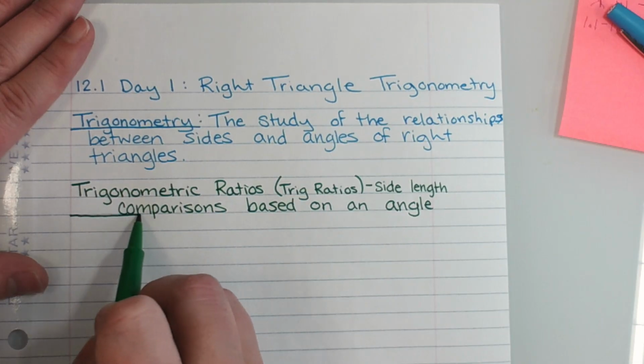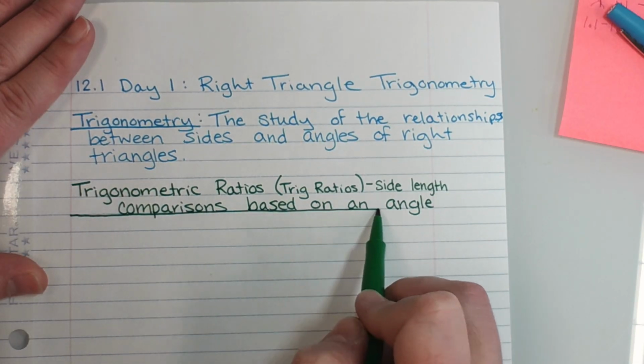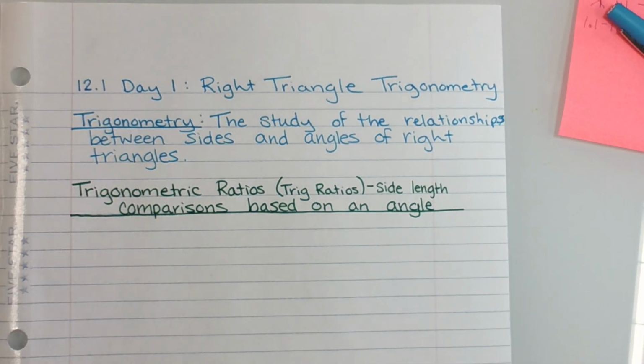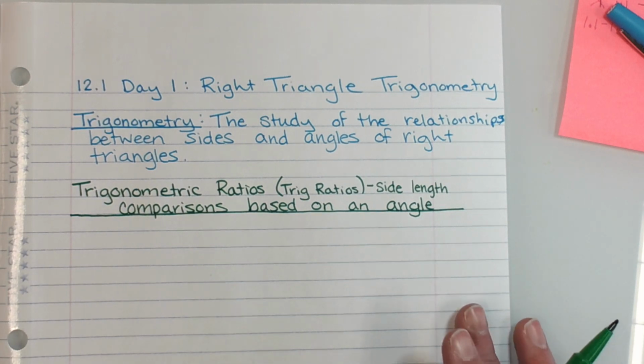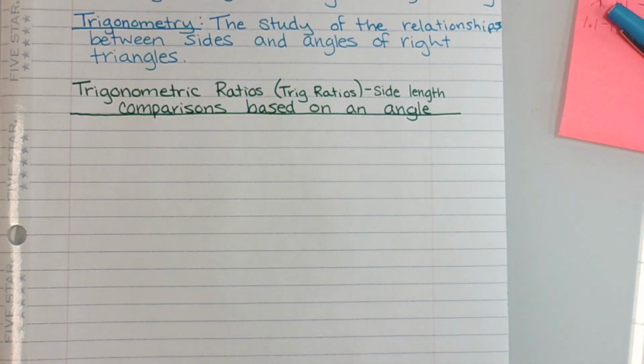Trig ratios, really, they're the side length comparisons based on an angle of the right triangles. Now, specifically not the right angle.